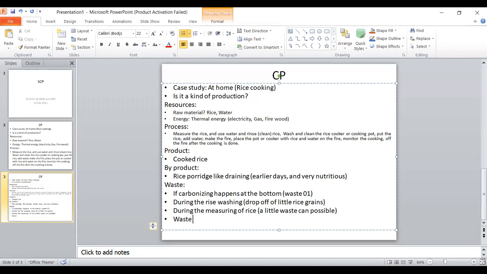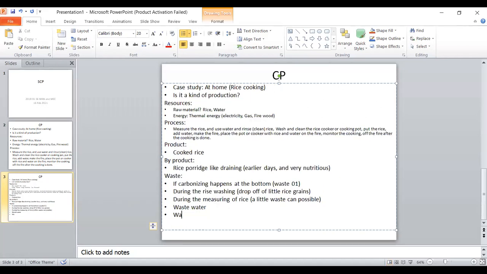Waste water possible. Waste energy possible.